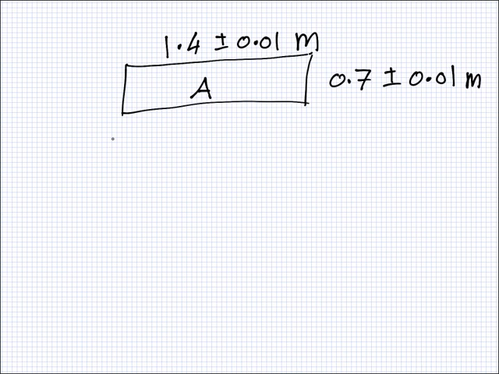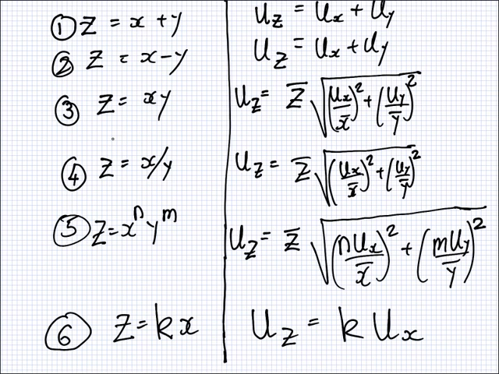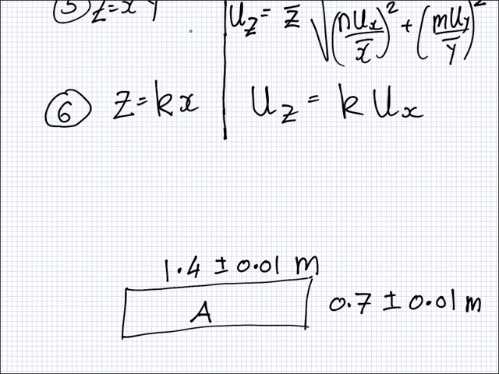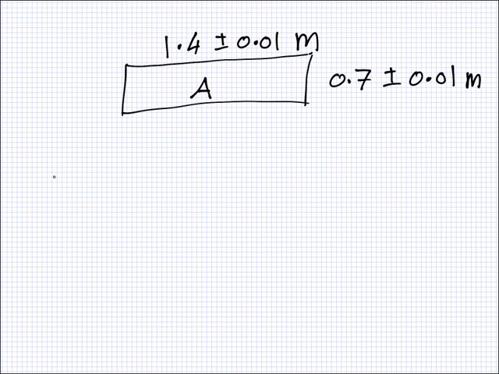Is it your number 3? XY. What did you write? Oh, you wrote this one twice? Okay. Right. I want the area and I want the uncertainty in the area. I'll give you a minute to calculate.